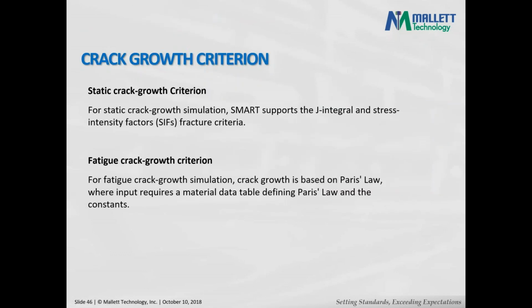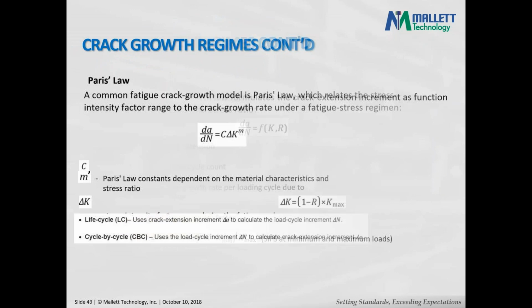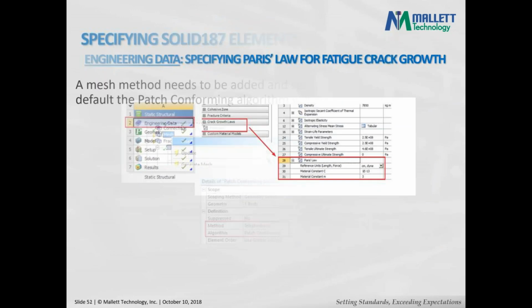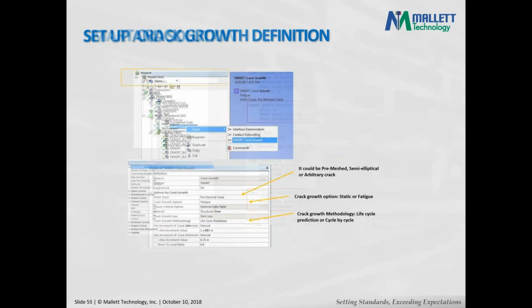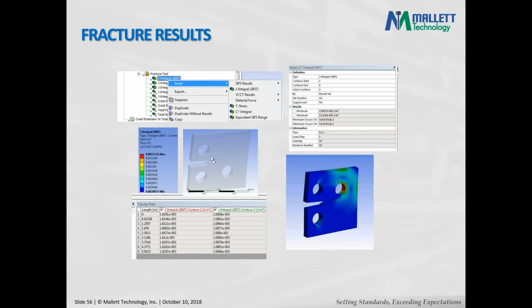ANSYS will calculate that path that can go in a nonlinear fashion, just like that example that we see there. So as you see, it's not a planar crack growth, but it goes and starts curving up.